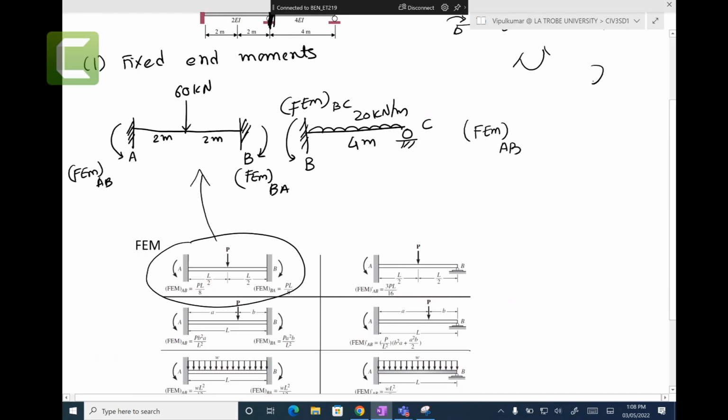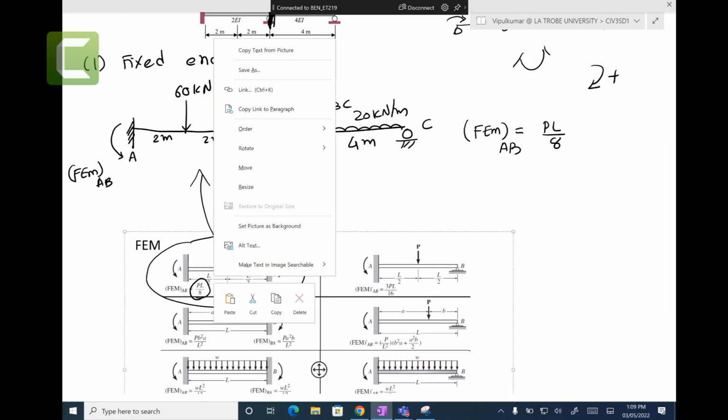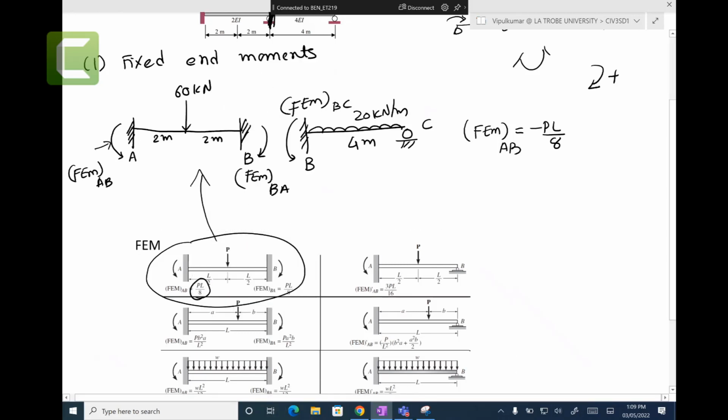By the way, clockwise is positive in the displacement methods. In all displacement methods clockwise is positive. So the fixed end moment AB equation is given here: PL on 8. And this one is anti-clockwise, so it is minus. P is 60 kilonewtons, length is 4 meters over 8. It gives you minus 30 kilonewton meters.